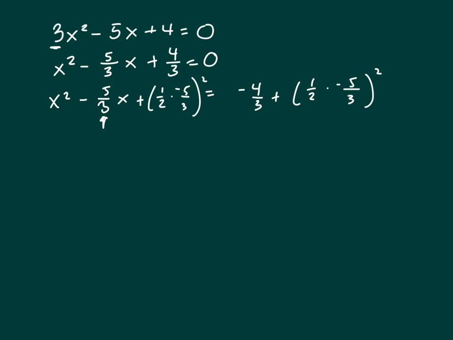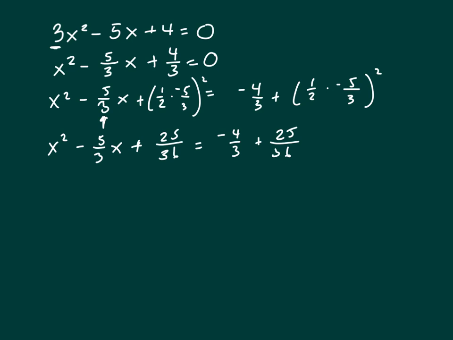So let's simplify this. x squared minus 5/3 x plus, well, 1/2 times a negative 5/3 is a negative 5/6, and then square that, and that will give you 25 over 36, equals negative 4/3 plus 25 over 36.